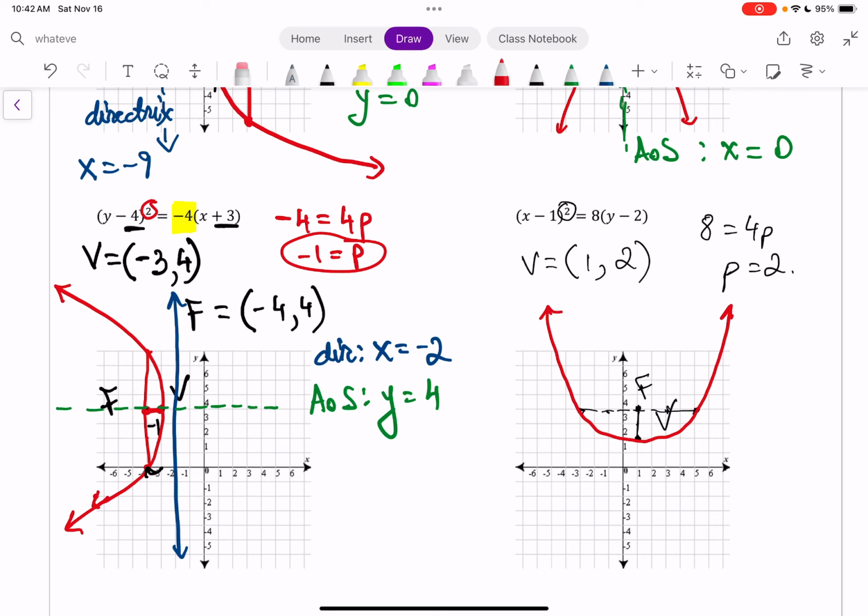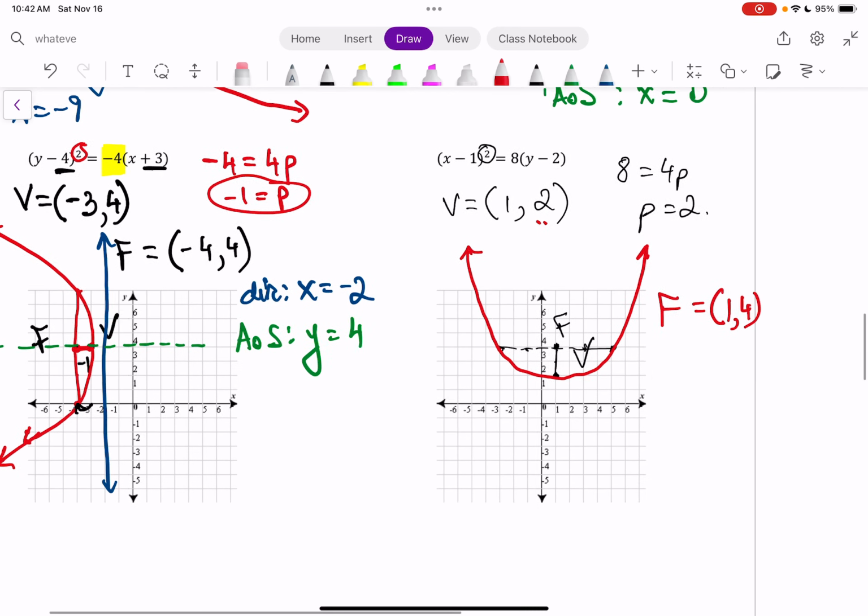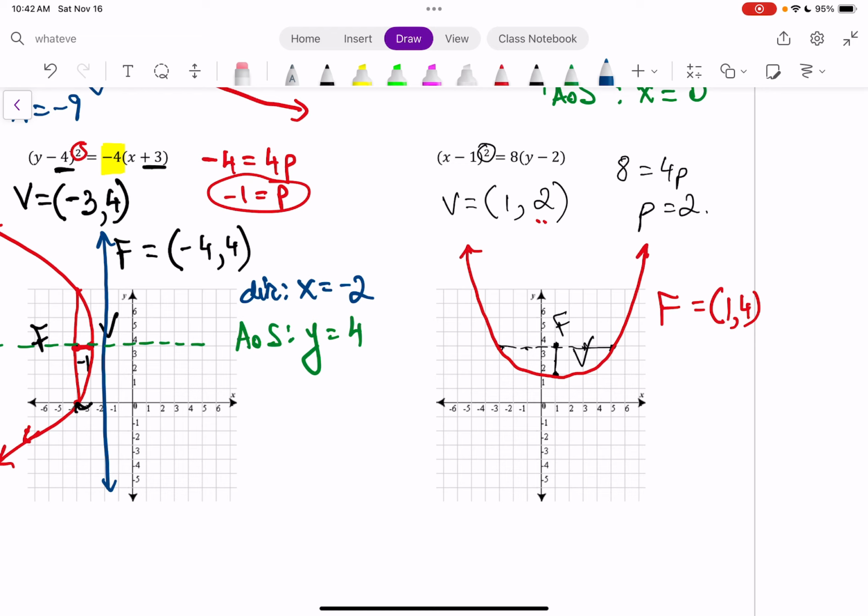And there's the parabola. Okay, so the focus, as you see, has coordinates 1, 4, 2 units up from this 2. The directrix will have to go down in the opposite direction, and then again, draw a line. Don't draw vertically, right? That's just going to be the axis of symmetry, the line crossing through the parabola.